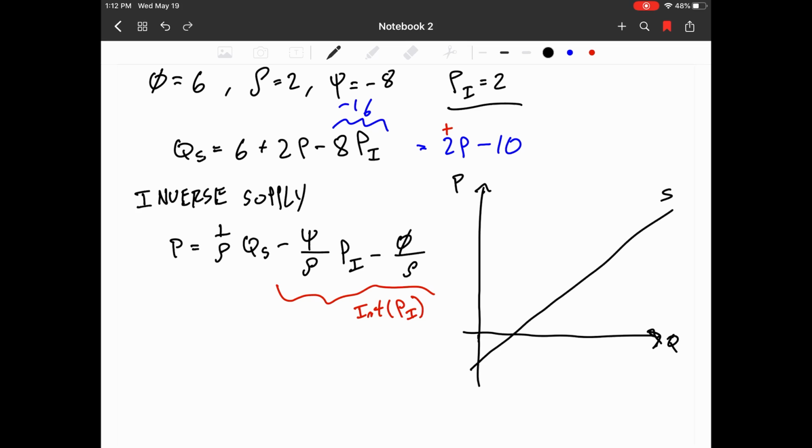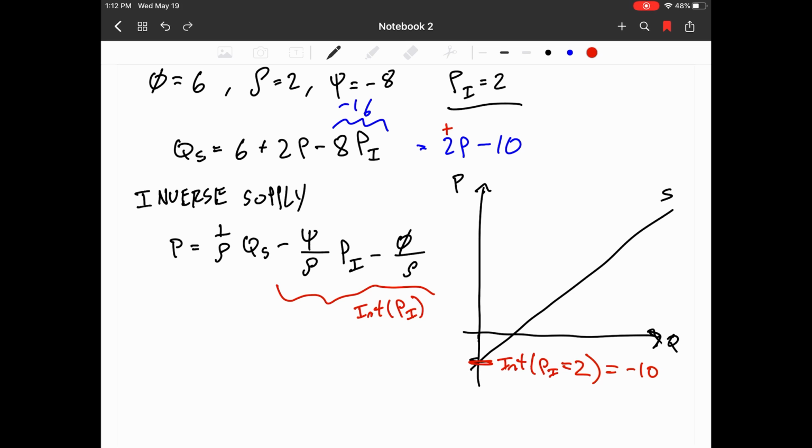So in this case, our intercept is actually negative down here. When pi is equal to 2, this comes out to be -10.